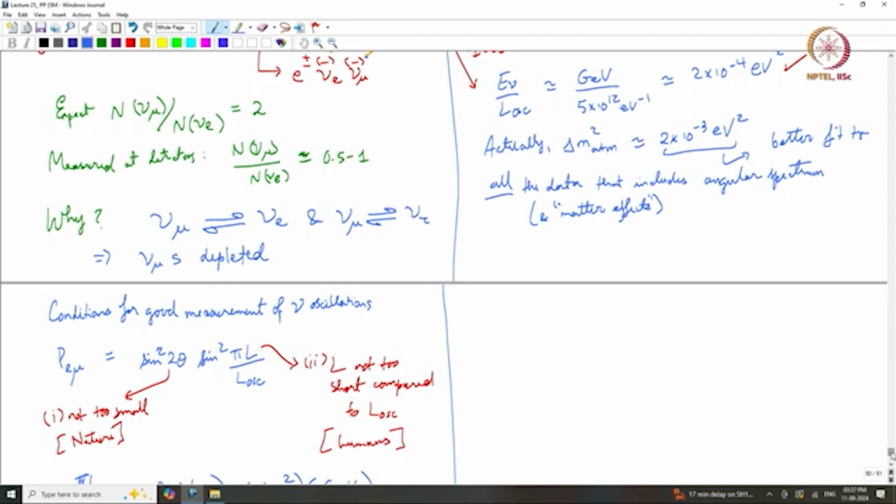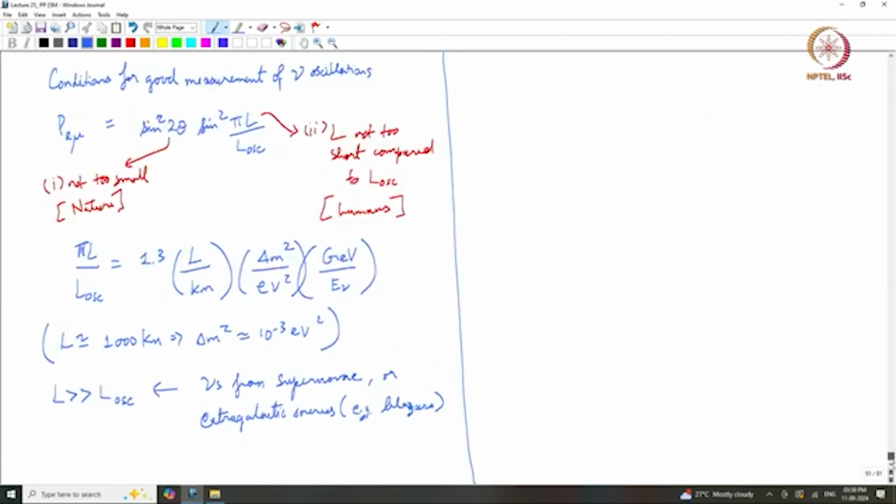Notice that at this point, this quantity inside, right, pi L over L oscillation, this sine is basically a very fast oscillating function, correct? So what value of L will you really put there? Because it's oscillating that fast, will you put half integer value for the oscillation length or integer value for the oscillation length? It goes from 0 to 1 so quickly, right?